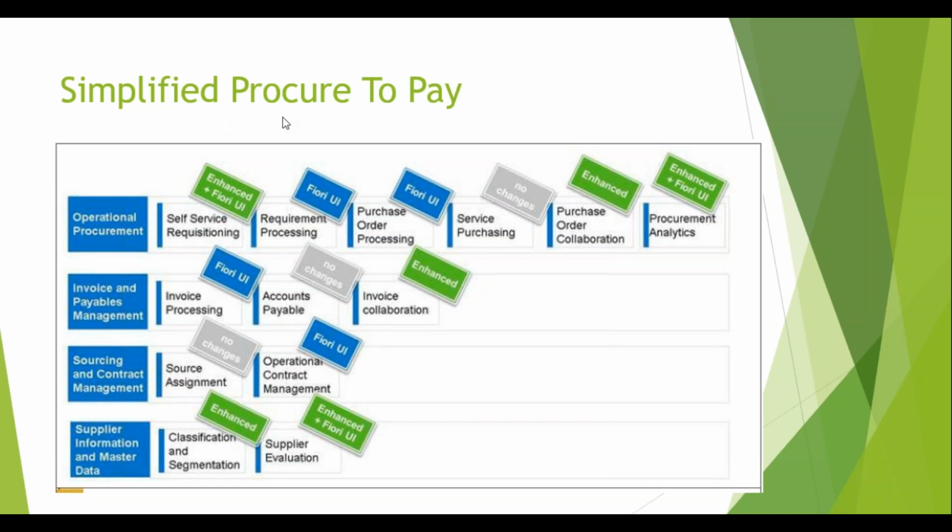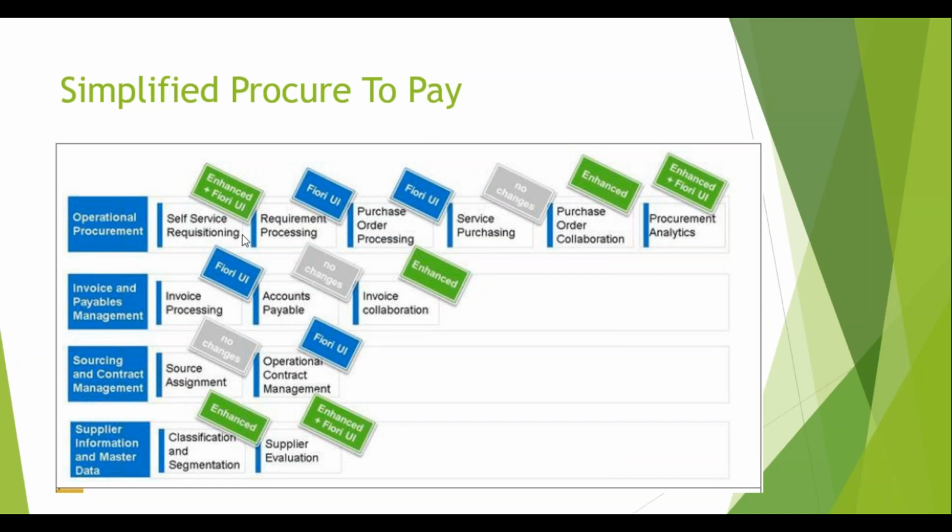They divided the entire procurement cycle into 4 parts. One is operational procurement, which means requisitioning through creation of purchase order. It consists of sales service requisitioning, requirement processing, purchase order processing, service purchasing, purchase order collaboration, and procurement analytics. These are the topics which are part of operational procurement.